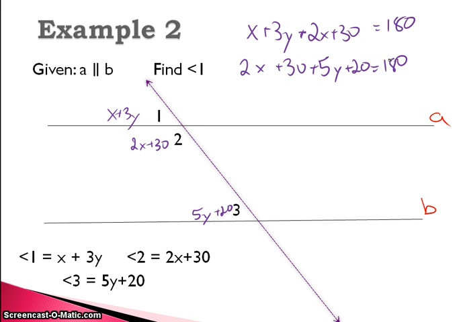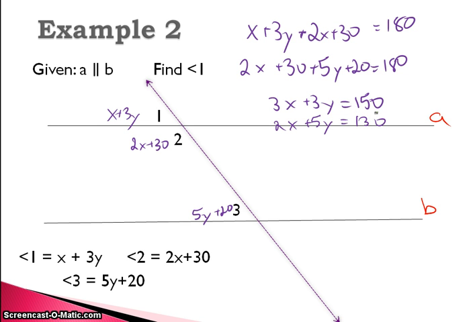Now, I've got x's and y's. That is a good indication that I'm going to have to set up a system of equations, so let's go ahead and do that. Let's simplify these equations and see what we get. So I have 3x plus 3y equals 150, and I have 2x plus 5y equal to 130.